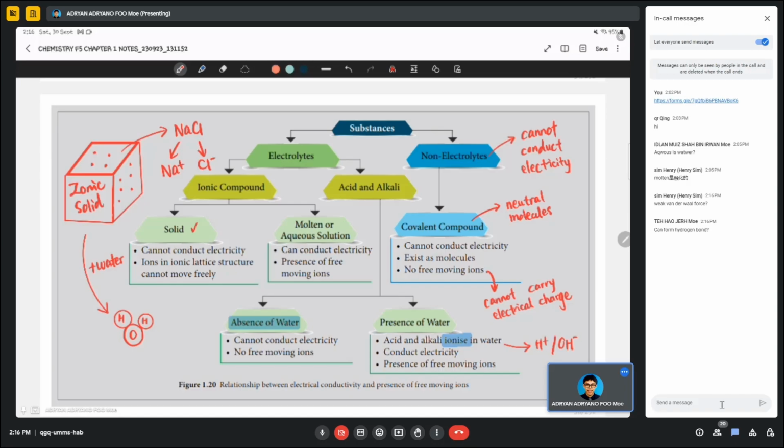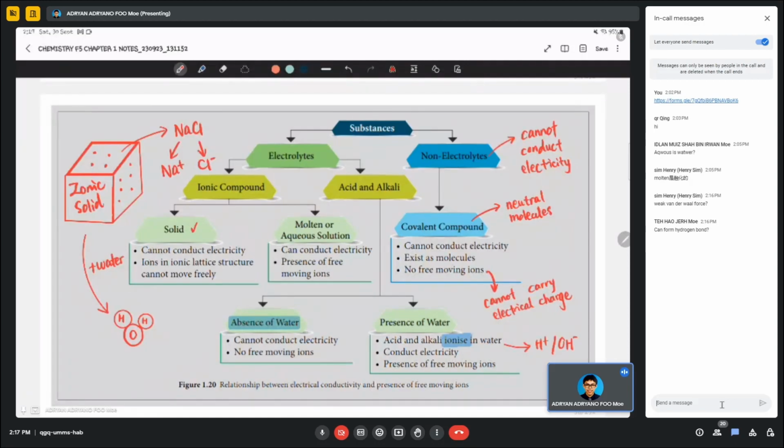Anyone else? Can form hydrogen bond. Not really. 我不要这个答案。It is one of the characteristics, but not what I want. Anyone else?